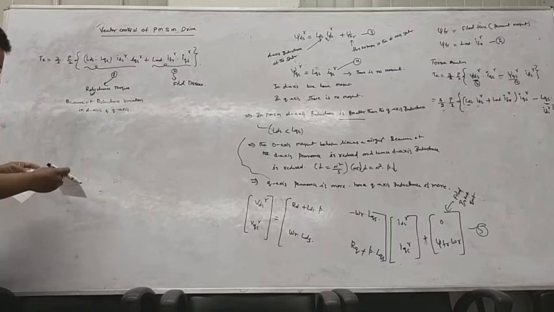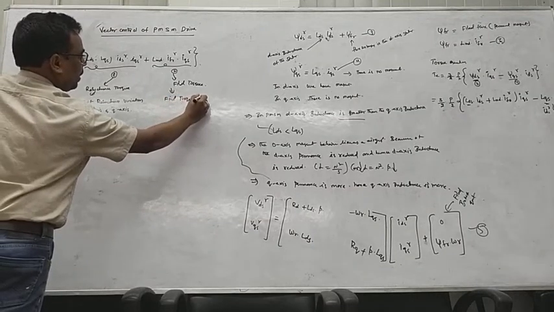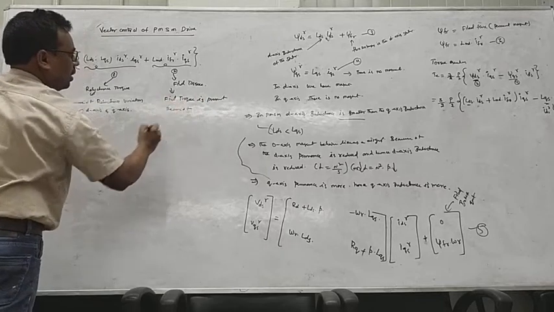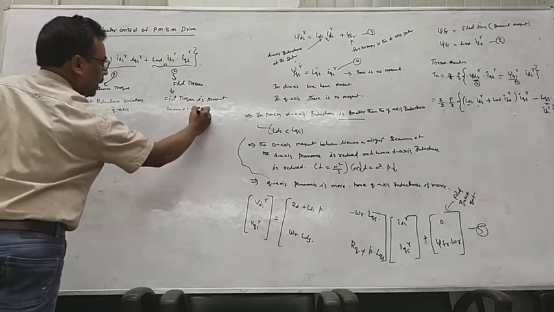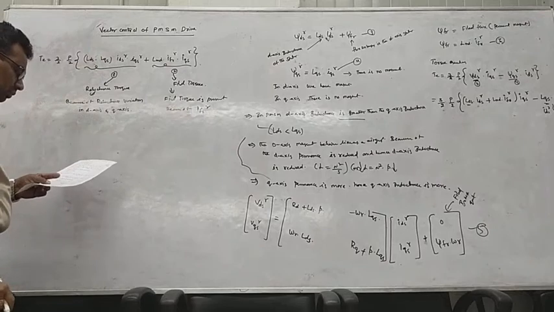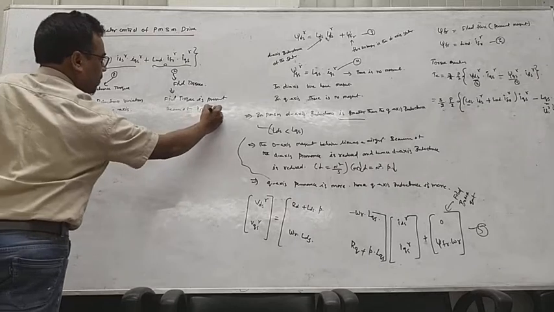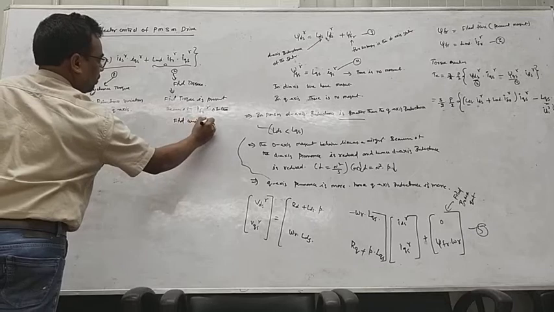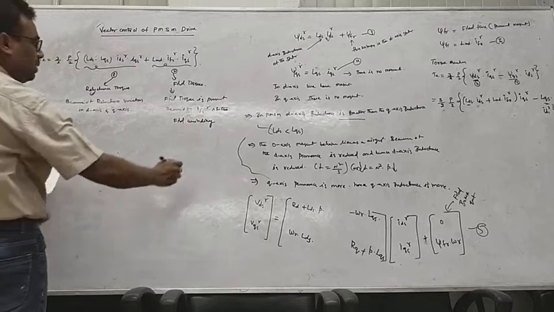And the field torque is present because of the field current IFR, because of IFR of the field winding, and because of the permanent magnet.